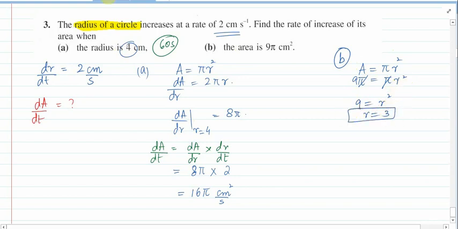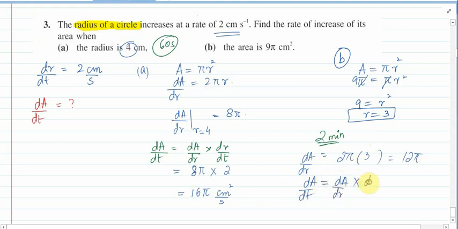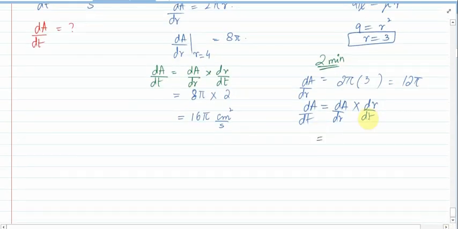Alright, now you have the value 3. You need to complete the solution by yourself. dA upon dr, we found, was 2 pi r, but now the value of r is 3, so that is 12 pi, right? So dA divided by dt, here we apply chain rule, that is dA upon dr times dr upon dt. dA upon dr is 12 pi, and dr upon dt is given in the question, that is 2.